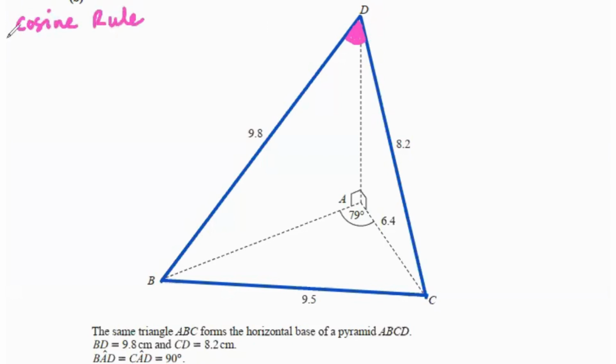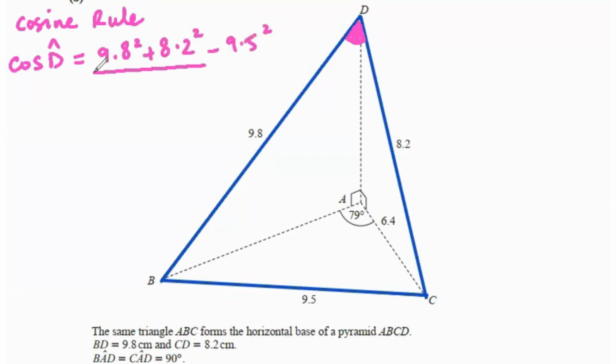The cosine rule in this case is going to be cos of angle D equals 9.8 square plus 8.2 square minus 9.5 square, divided by 2 times 9.8 times 8.2.